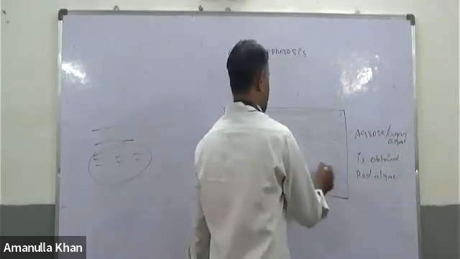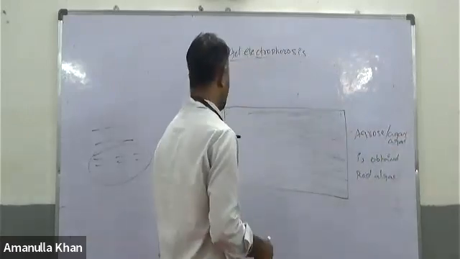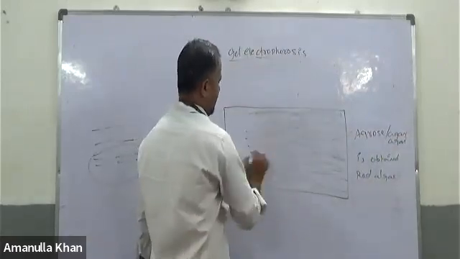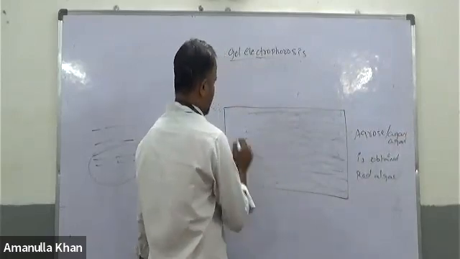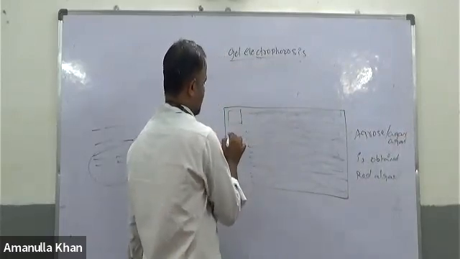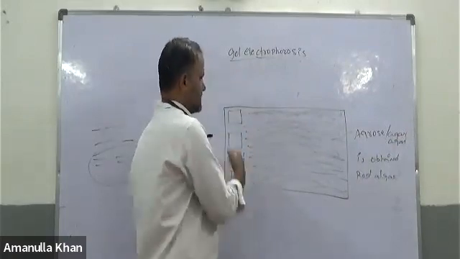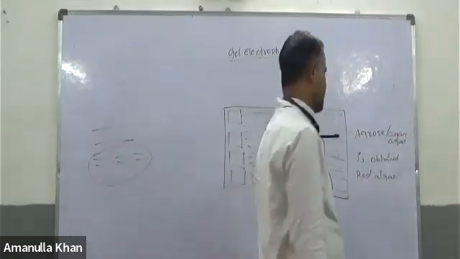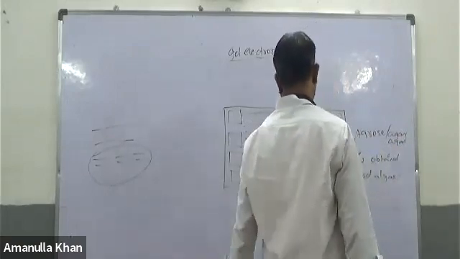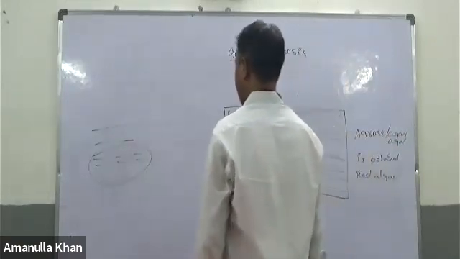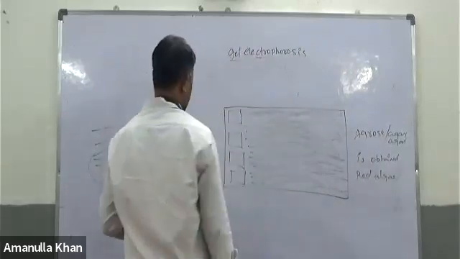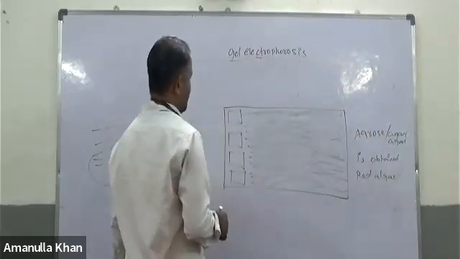Then what else is on the plate? Wells. So wells are present in the agarose plate, and the matrix is also there in the agarose plate. Now these DNA fragments are filled into the wells.